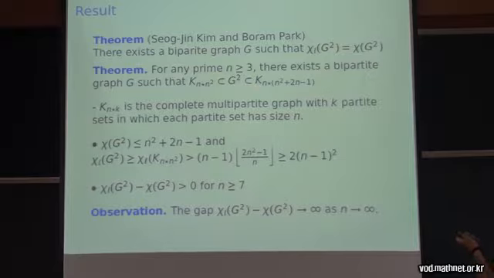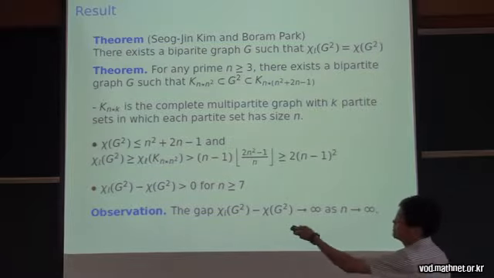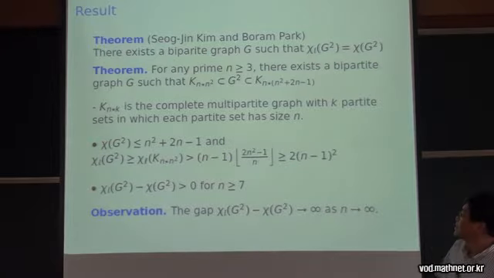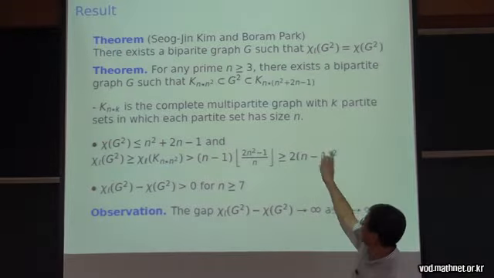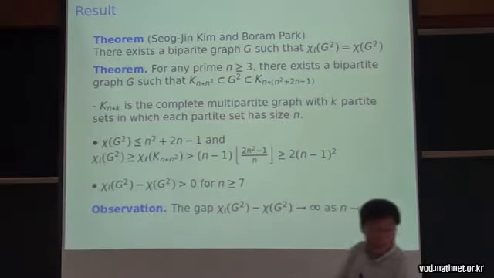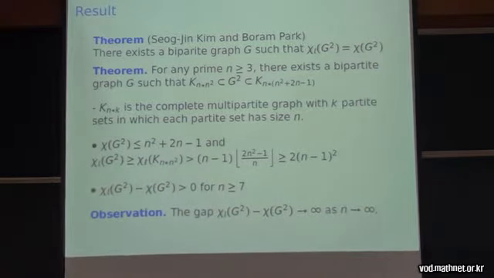If this is true, then the chromatic number of G squared is at most n squared plus 2n minus 1, because it's complete multipartite, and then the least chromatic number is at least this many. And this value is greater than this value when n is at least 7.